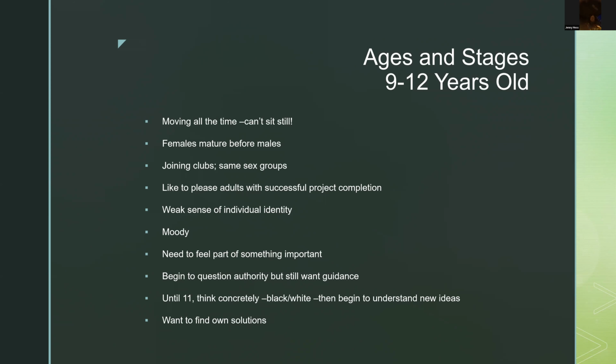We need to let them explore things and not just stand and provide all the answers. Sometimes that's hard as an adult because we like to think we know what it should look like, but sometimes we learn stuff too, don't we? If we let them find their own way, sometimes we find a new way too, that maybe we didn't know. So that's a lot of fun.